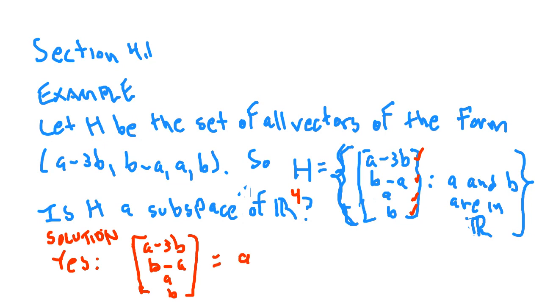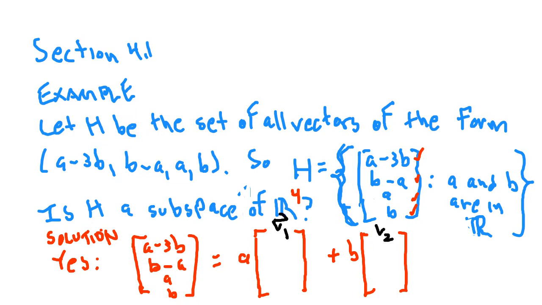If we take a vector in space H, can we write it as a linear combination of, say, a vector v1 and a vector v2?